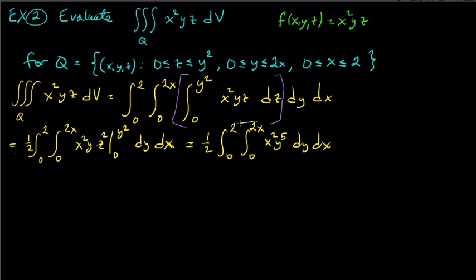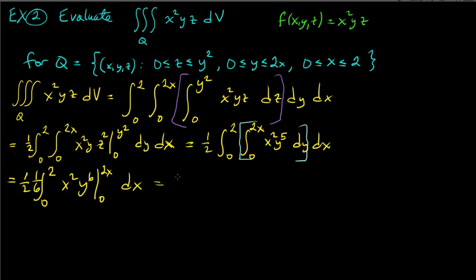And now we just have to evaluate this inside integral here. So that's the y integral now. The integral of y to the 5th is 1 over 6, y to the 6th, evaluated between 0 and 2x. So we get 1 over 12 for the constant on the outside.